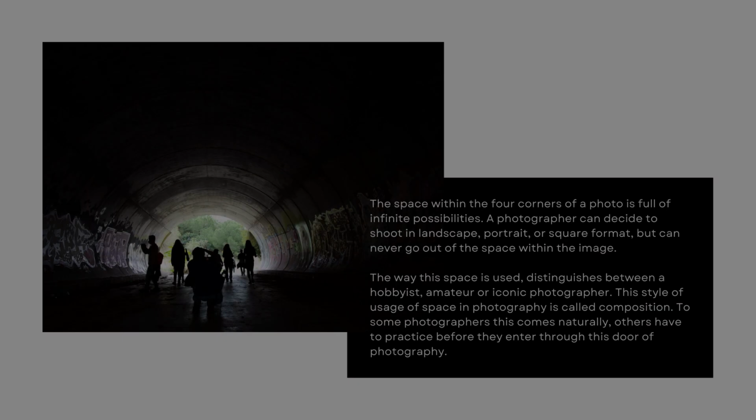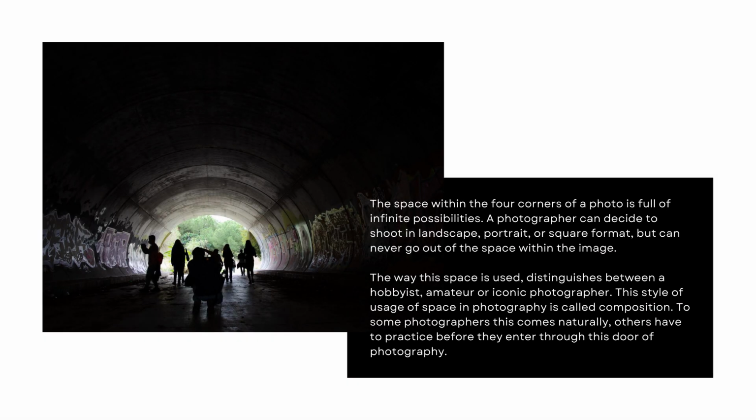And how a photographer uses that space is what distinguishes a beginner, a hobbyist, and an iconic photographer. I wouldn't even say professional, because so many times even professional photographers are not using the space really well or in the most efficient manner for their target audience. So in this case, let's use the word iconic.